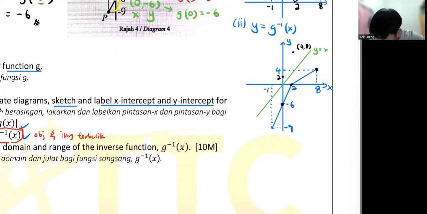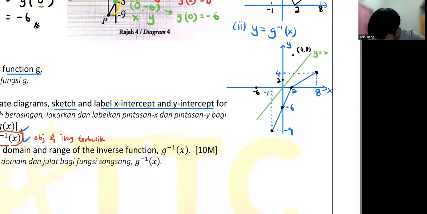Next one, negative 6 should be around here. And last one, negative 9. Oh no, no space. Okay, add on. Somewhere around here.